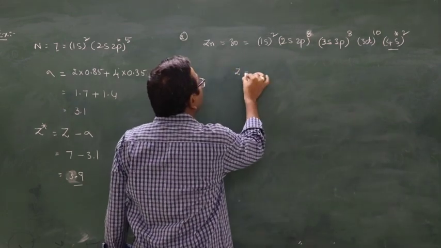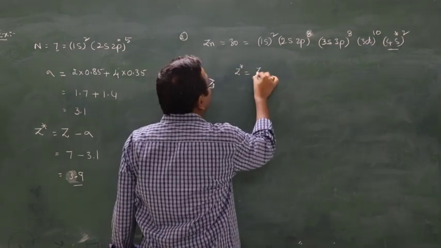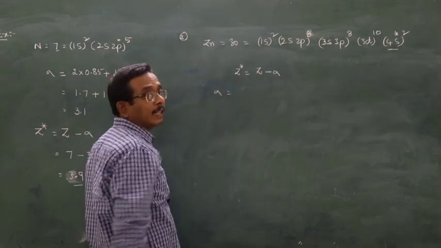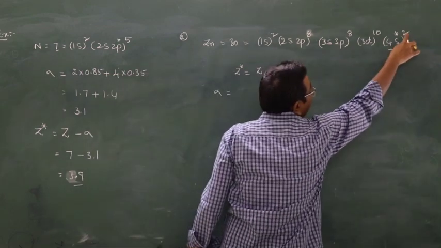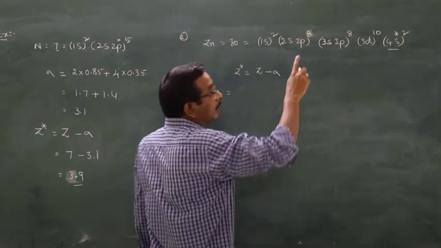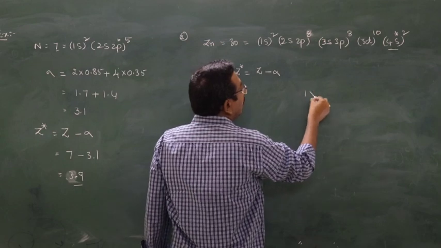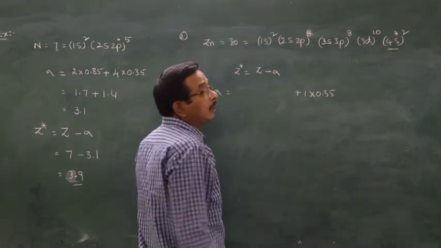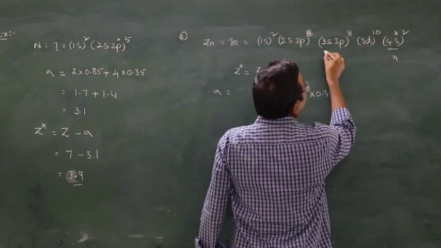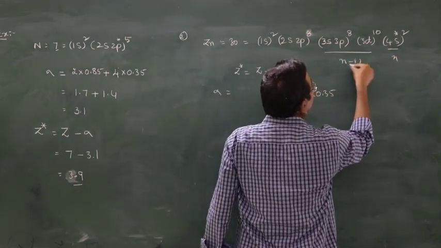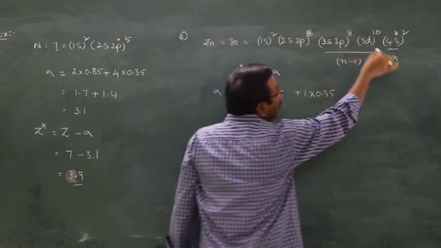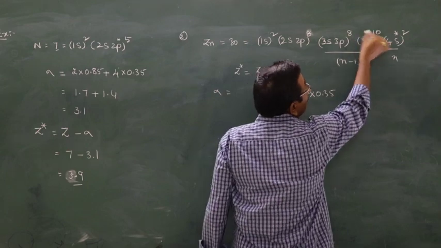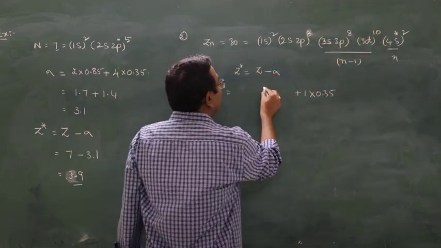Here the formula is Z star is equal to Z minus sigma. How can you calculate sigma? The Slater constant. Here 2 electrons are there. Exclude 1 electron. The remaining electron, 1 into 0.35, plus. This is n. What about n minus 1? This is n minus 1. The electrons which are present in the inner orbit n minus 1, each one contributes 0.85.